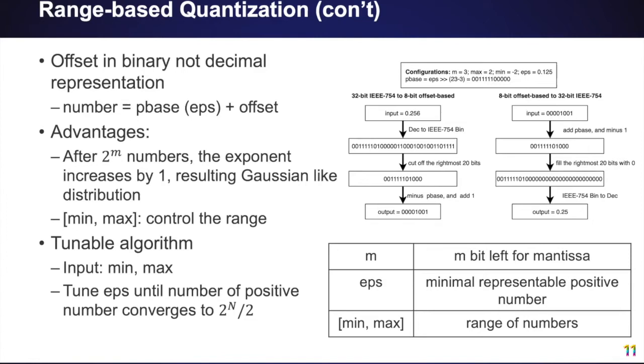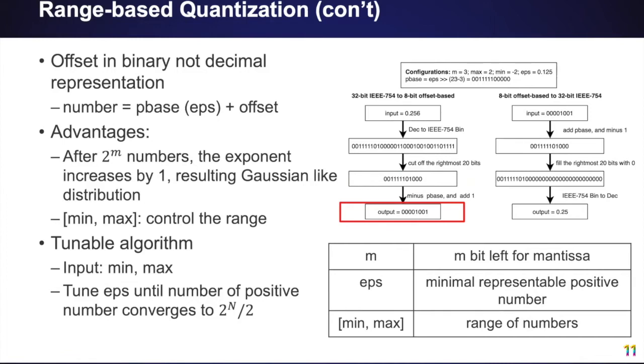We use 1 to represent the p-base, and other numbers are just an offset with the p-base. Here is an example. If given input 0.256, then we convert it into binary, and also cut off the rightmost 20 bits, and then do an offset with the p-base. The result is the 8-bit format of 0.256.